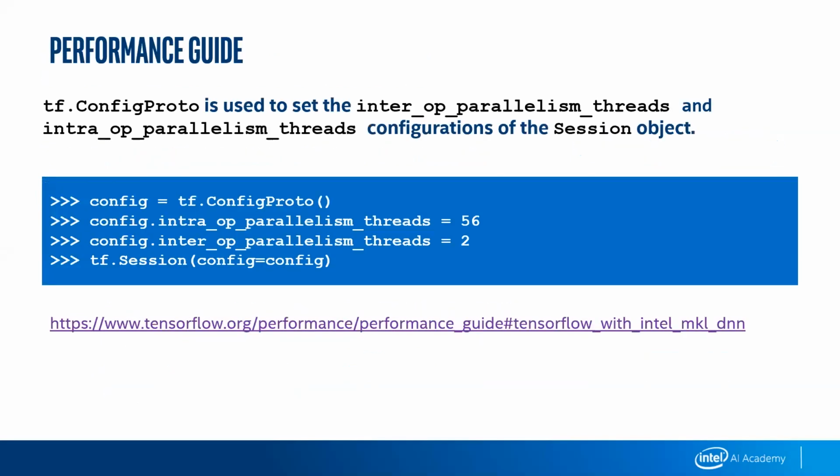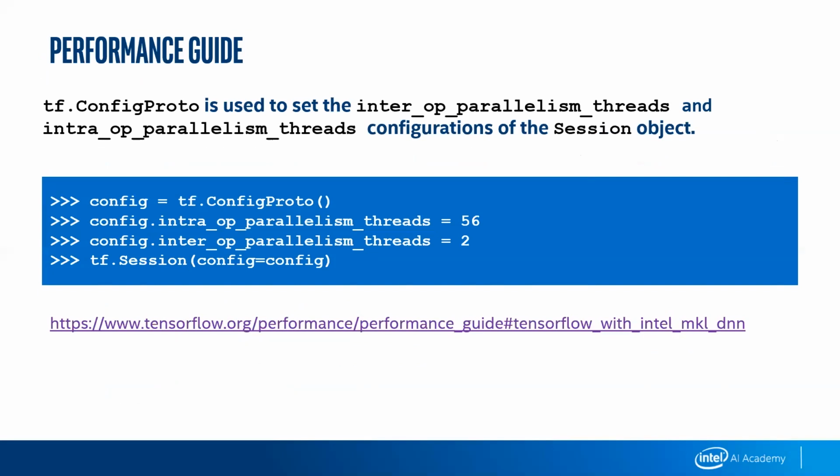Remember, I talked about this particular Python object called config proto. Config proto has a whole bunch of options, I think for both CPUs and GPUs. But from a CPU standpoint, the ones we are interested in are these 2 variables.